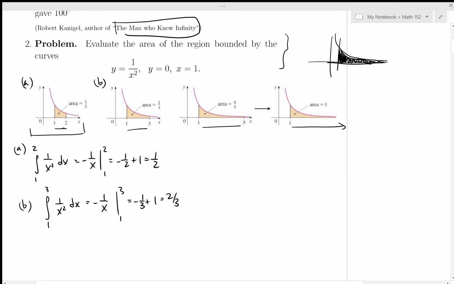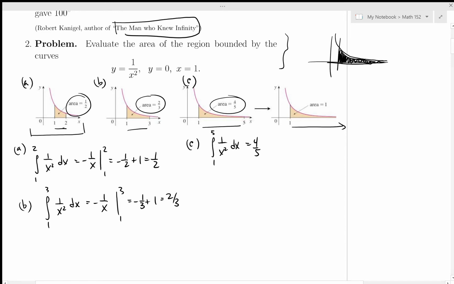Similarly, C is the integral from 1 to 5 of 1 over x squared dx, and I evaluate that and get 4/5. So the area is 1/2, then 2/3, then 4/5.